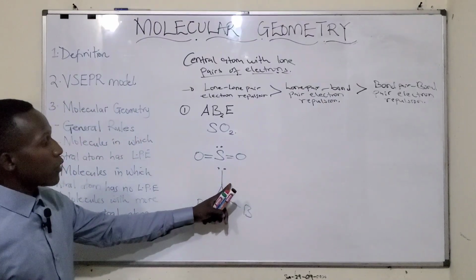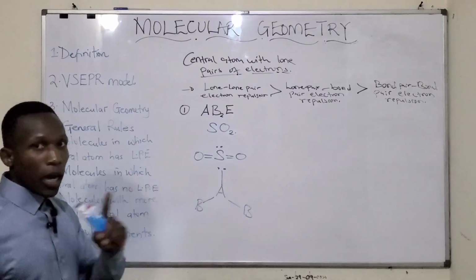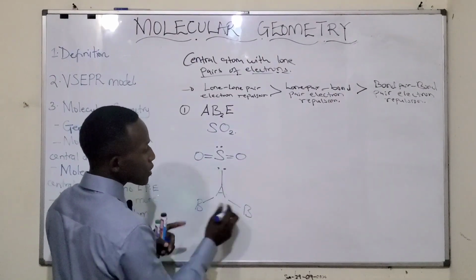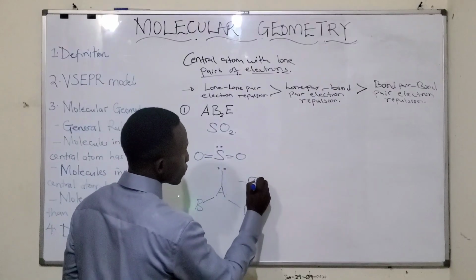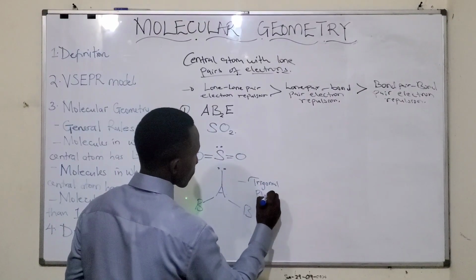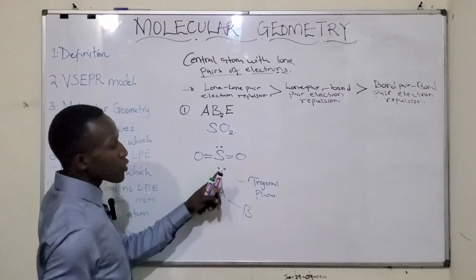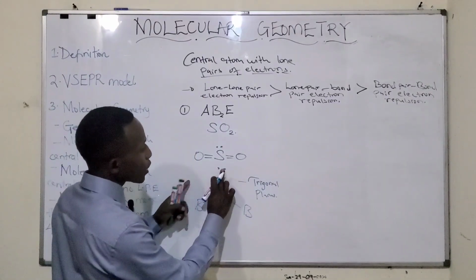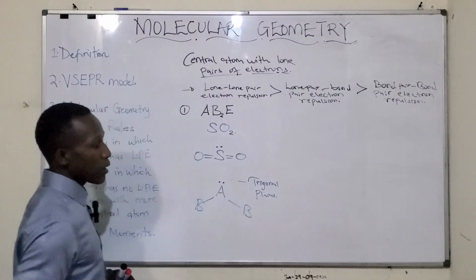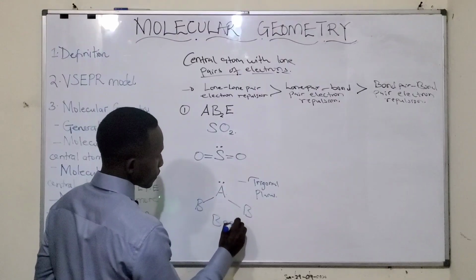Remember, we said if there are 3 atoms, we shall get a trigonal planar. If these were not lone pairs, this structure will be trigonal planar. But now this is not a bond, they are just lone pairs of electrons. Now it changes the name. So it is now bent.